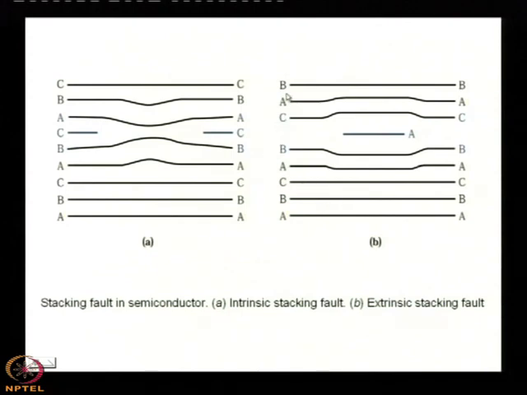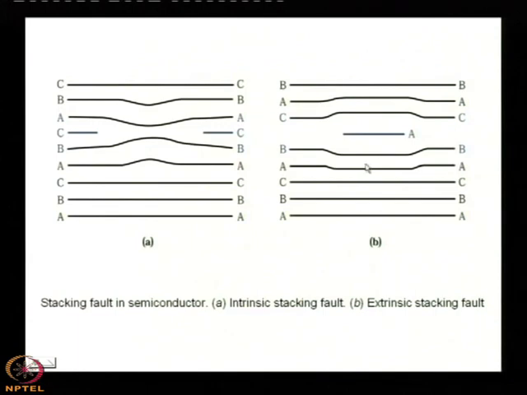Similarly, there can be another type of stacking fault. You see that the organization of the layers is BAC, BAC, BAC, etc., and one new layer A is inserted between this C and B. If an additional layer is inserted here, it is also known as a stacking fault, and just above and below this A layer you find some distortion in the crystal.